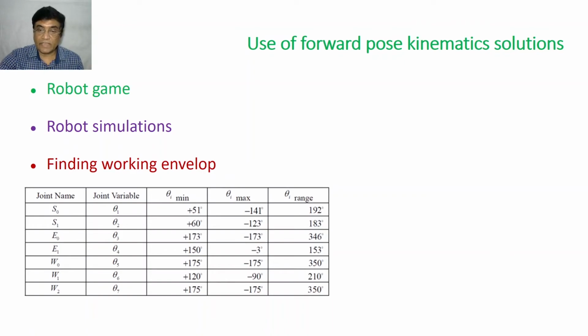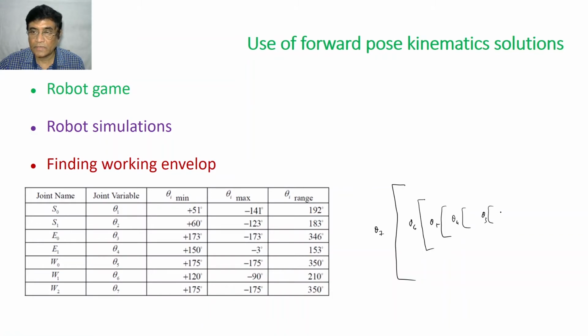And one more thing you can do is figure out the working envelope. Here you can run loops over theta 7 down to theta 1.